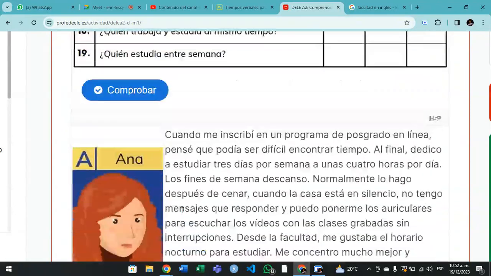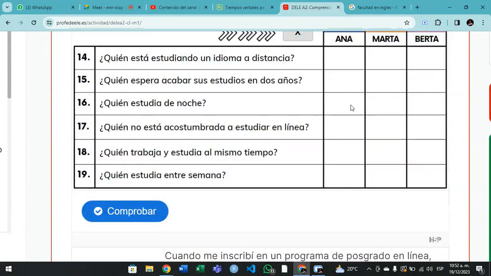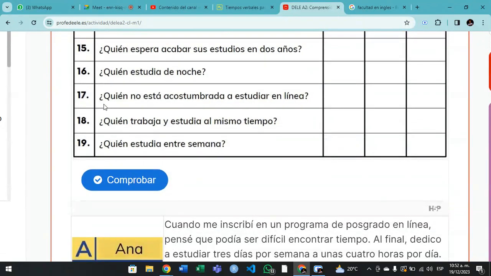Okay, so not yet any of this. I think number 16 is correct. Yes. She studies in the night.